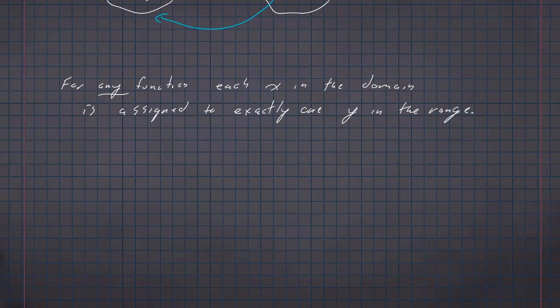Right? For any function, the idea is that you assign each x in the domain to exactly one y in the range. And if you assign multiple x's to the same y, that's not a big deal.